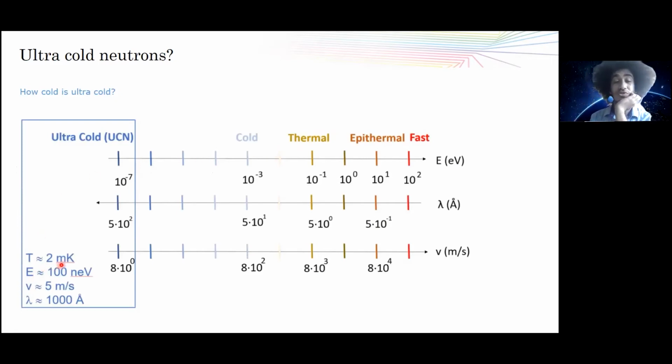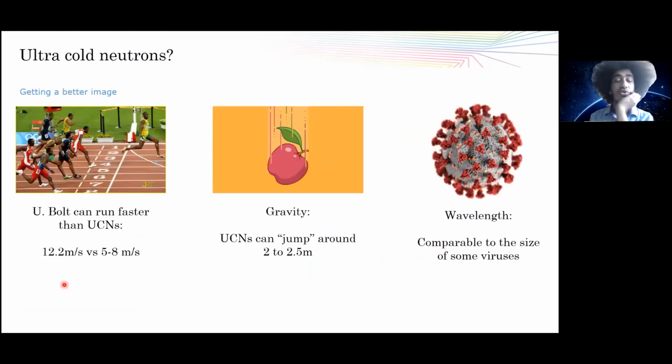Basically, their temperature is around 2 millikelvin, meaning that their energy is somewhere in the nano-electron volt region, and they have speeds that you might be able to overtake yourself if you run fast enough, or if you get on your bike, basically. And just to give an image, if your name is Usain Bolt, you can, on your own, run faster than ultra-cold neutrons.